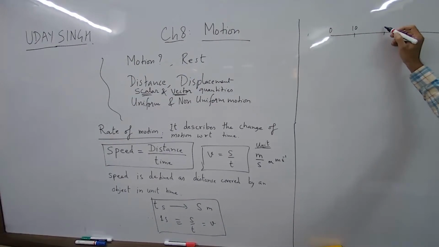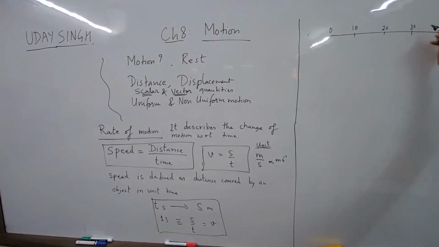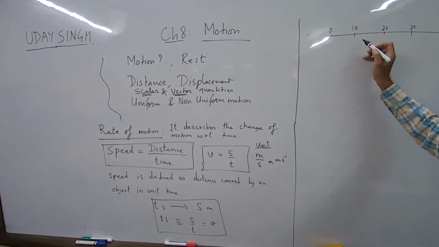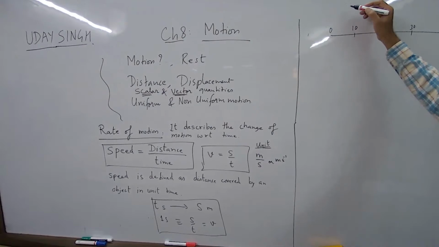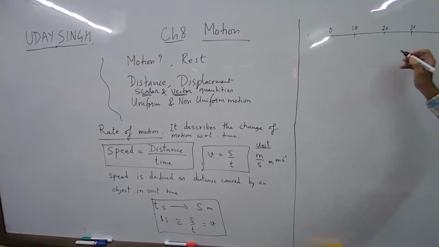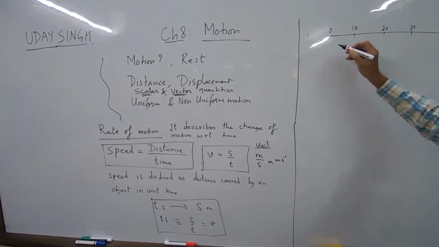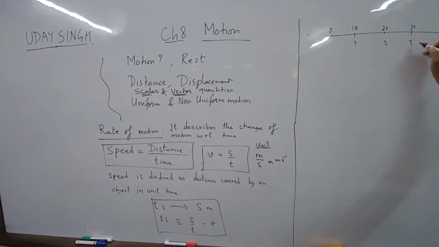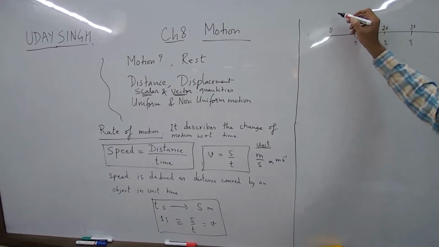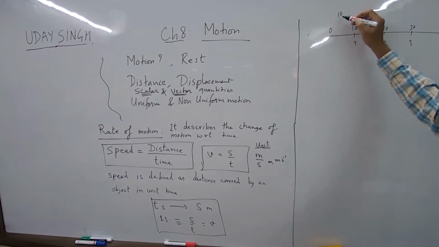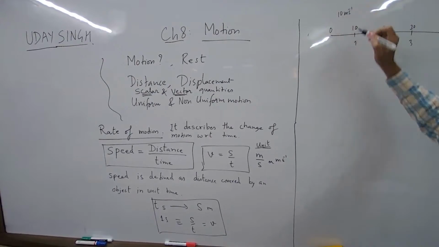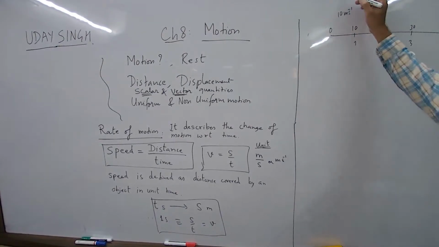So from here to here, what was the speed? Let's instead of minute call it second, for simplicity of calculation. Let's say it took 1 second to go from here to here. So what is the speed here? 10 by 1, that is 10 meter per second. This is the speed over here.